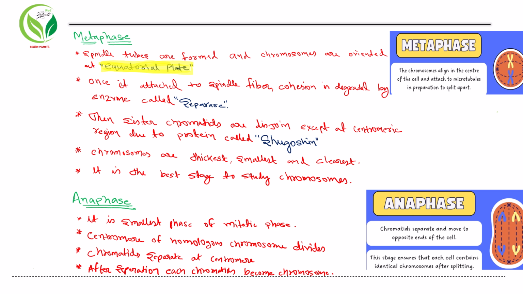So what we will study next: once it is attached to the spindle fiber, this cohesin is degraded. In the previous slide, what we studied about cohesin, cohesin means protein. It is degraded by an enzyme which is called separase.